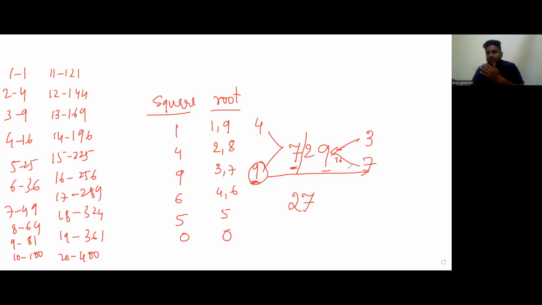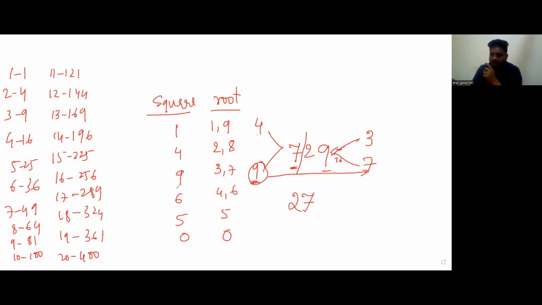I'll explain again. From the right side, we made a grouping of 2 numbers each, 29. The first digit is 7, which comes after the square of 2. 2 squared is 4, so my first digit is fixed as 2. For the second digit, I find the unit digit and then apply the condition.